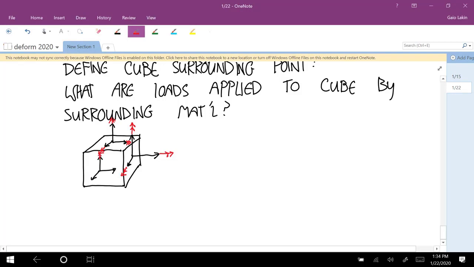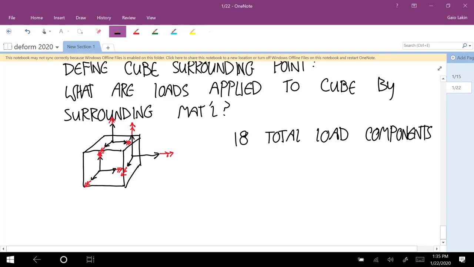Okay, and so how many variables worth of loads have I shown there? So I've shown 3 faces, and each one has 6, right? So that's 18 total load components. But what I haven't shown is the negative sides of all those.